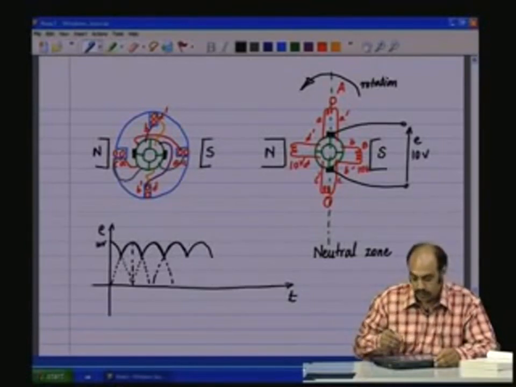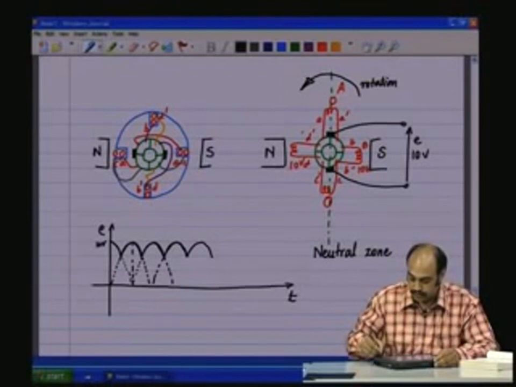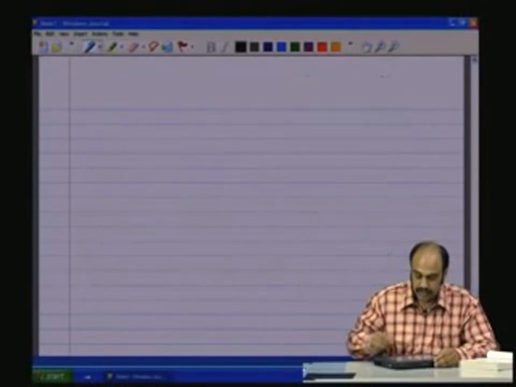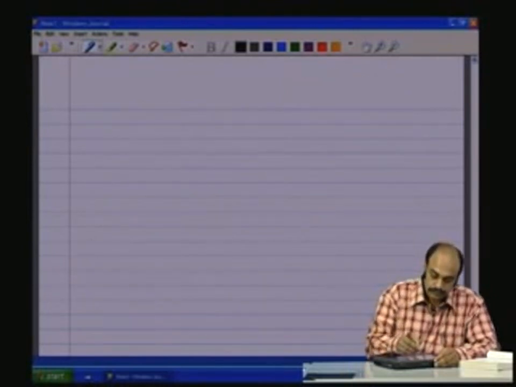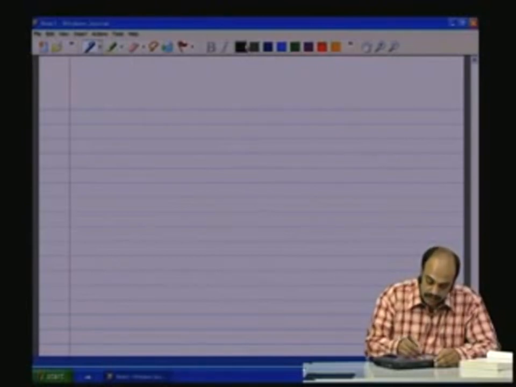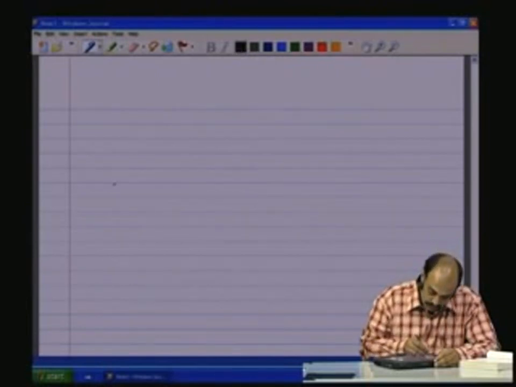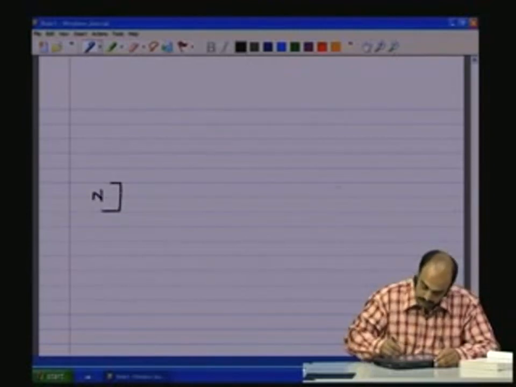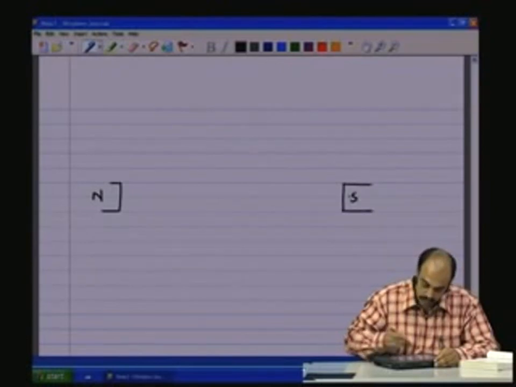So let us have a look at how the schematic would be for a 12 segment or 12 coil machine. We continue to have the north and the south pole.